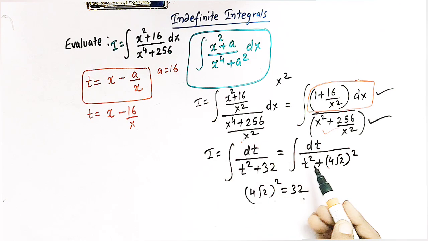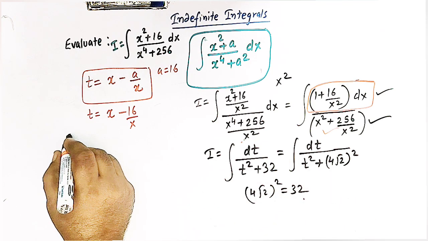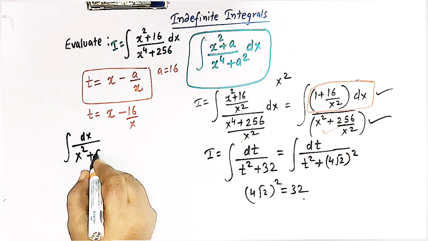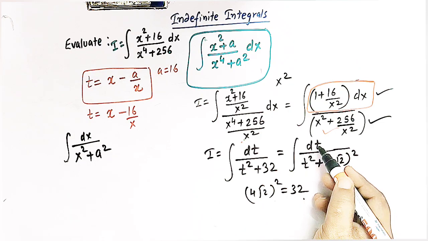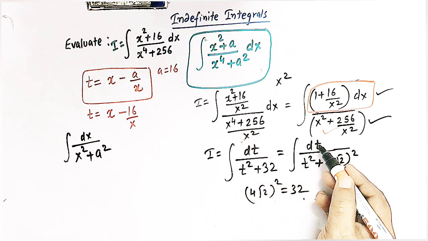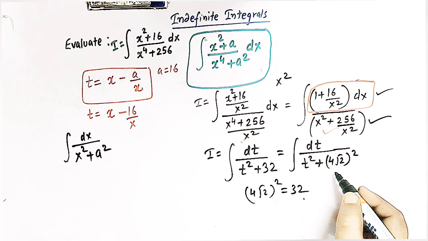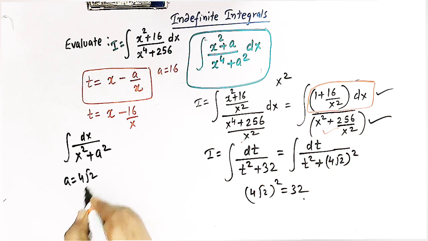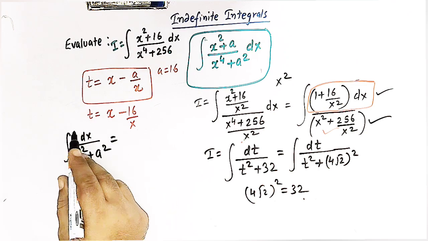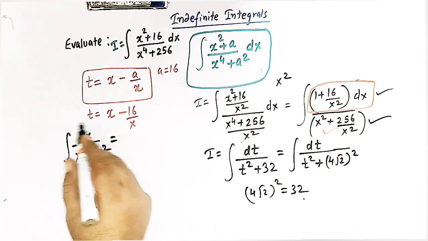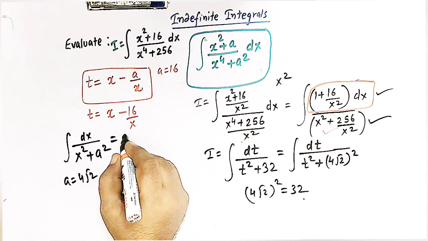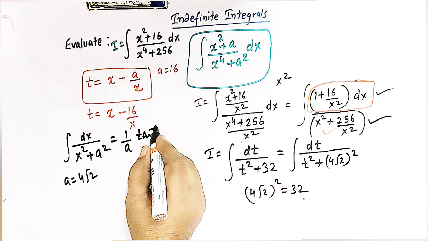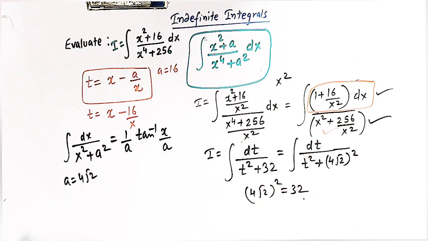So now our integral I is of this form, that is integral dx over x square plus a square, and here the difference is that we have the variable t, and for a we can write 4 times square root of 2, and this integral is a standard integral in indefinite integrals, and the value is given by 1 over a tan inverse x over a, right?